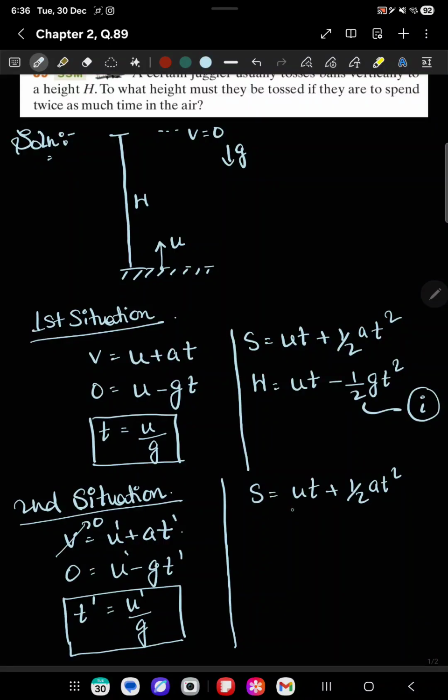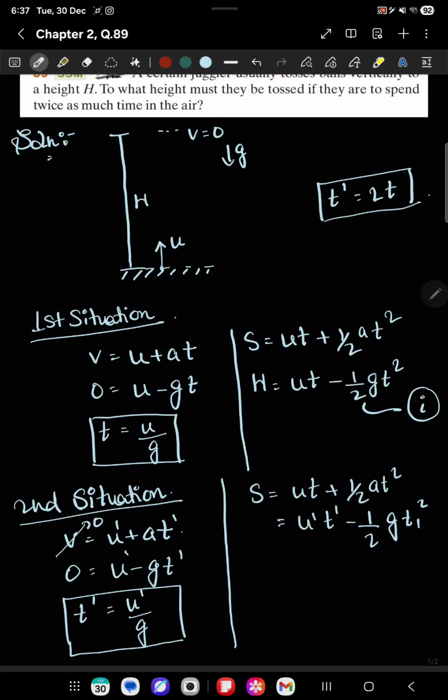Here we don't know the actual height, but the velocity will be u dash and the time will be t dash, plus minus half g t dash square. It's already given in the question that t dash will be 2 times t, right?